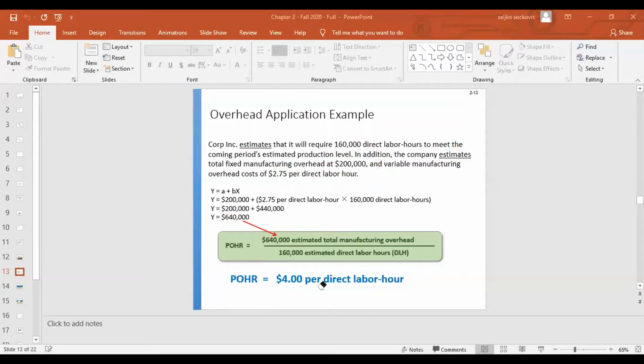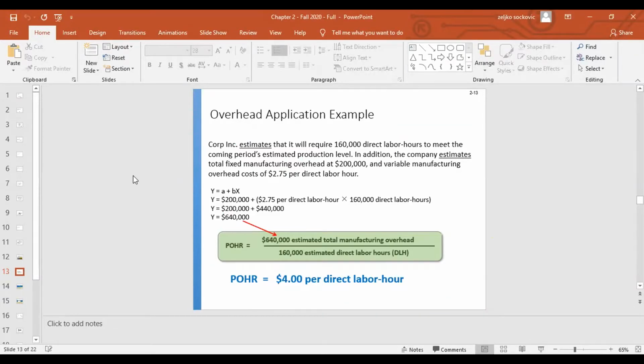Now, we have POHR. Do we care about our estimates anymore? Estimated overhead? We don't. We don't care about estimated overhead. We don't care about estimated production levels, or activity level, I should say.